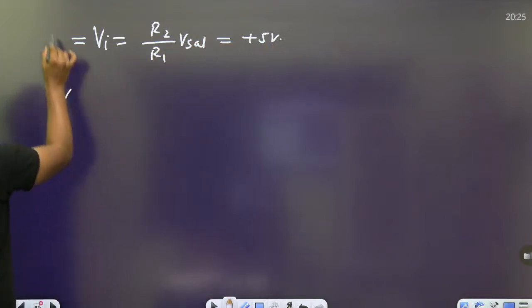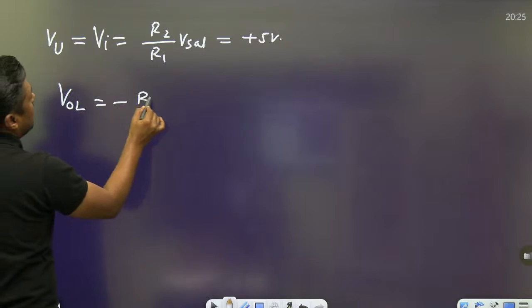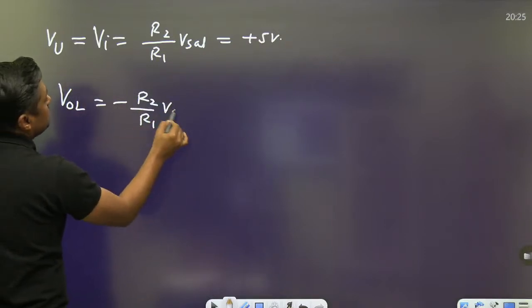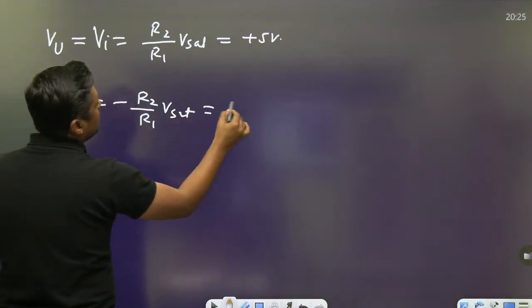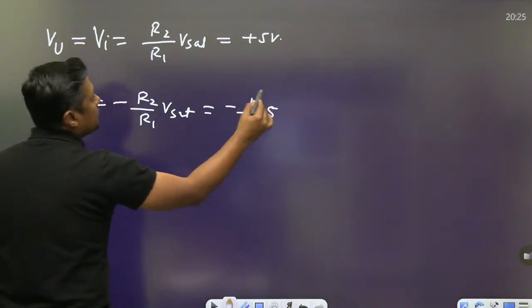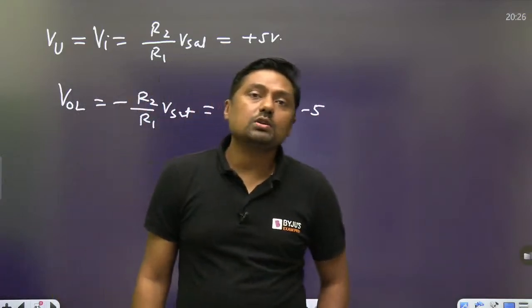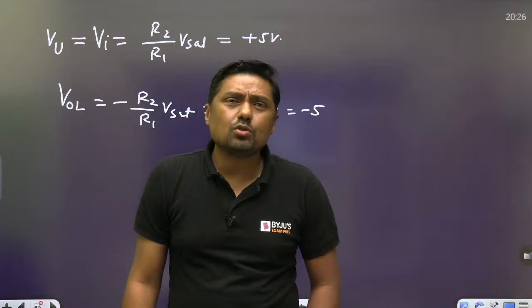This is called the upper threshold. And what is the lower threshold? Minus R2 by R1 into Vset. R2 and R1 are equal, so it will become minus 5 volt. So upper threshold level is 5 volt and lower threshold level is minus 5 volt. That is not 2 and 5 volt.